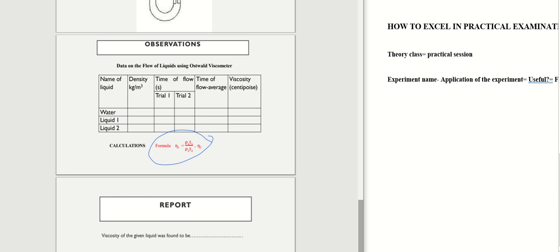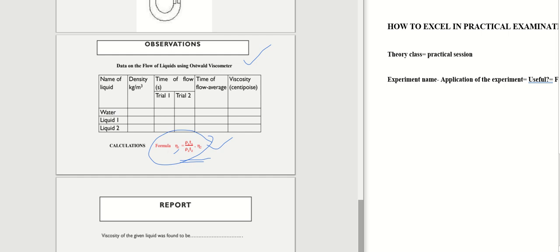Being pharmacists, we should have a good knowledge of mathematical formulae or expressions. If we know this formula, it will be very easy for us to draw an observation table, because from this formula we will know what parameters are to be determined.